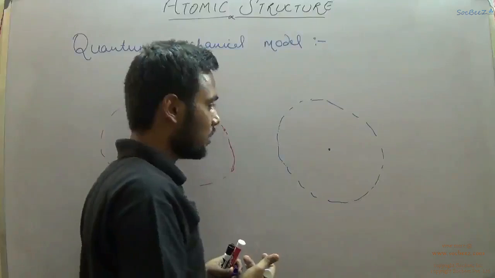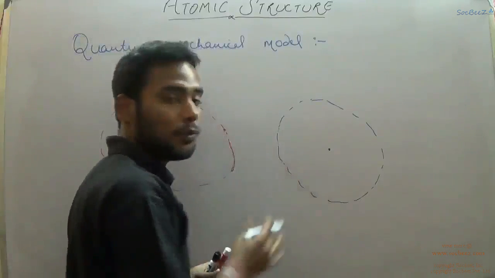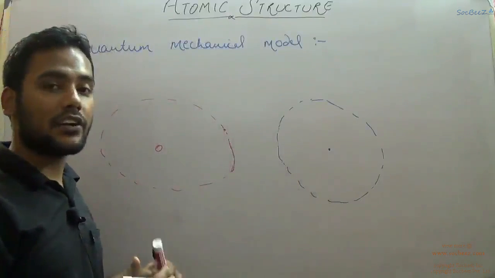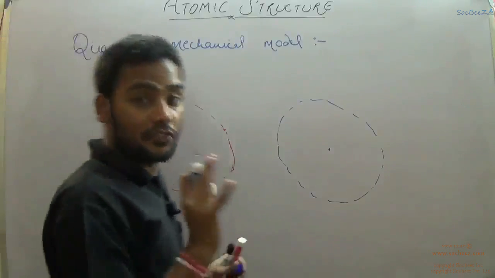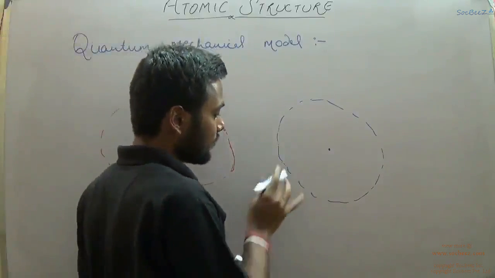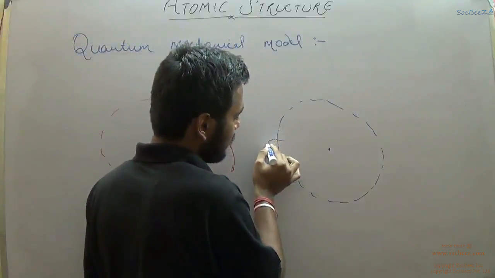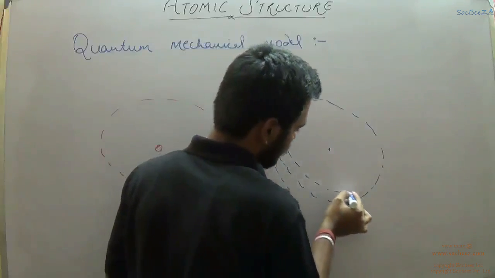After the solution of the Schrodinger equation, it was studied at what points the probability of finding an electron will be significant. Suppose, for example, the probability of finding an electron will be maximum at this region.